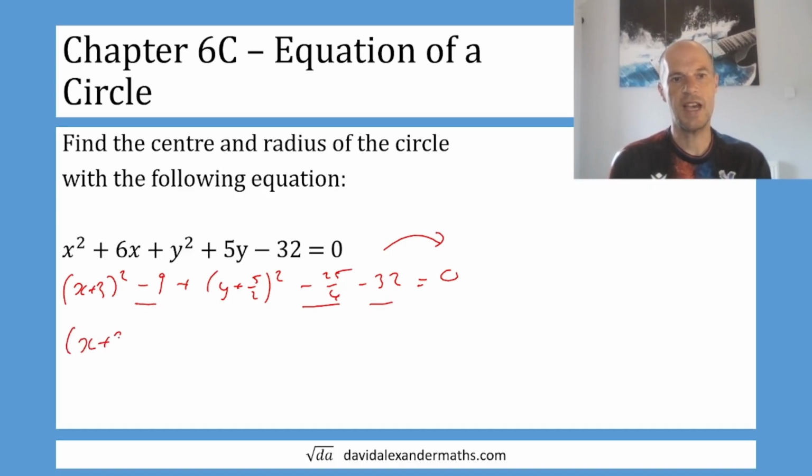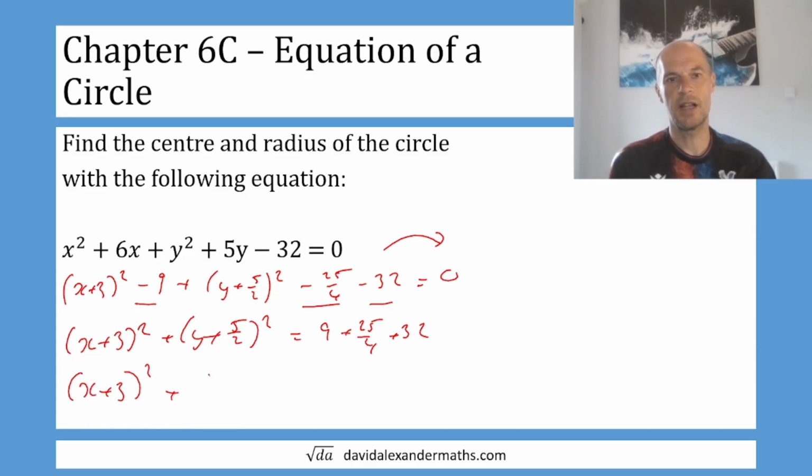So what I can say is that (x + 3)² + (y + 5/2)² equals positive 9 plus 25/4 plus 32. So 9 plus 25/4 plus 32 is 189/4.